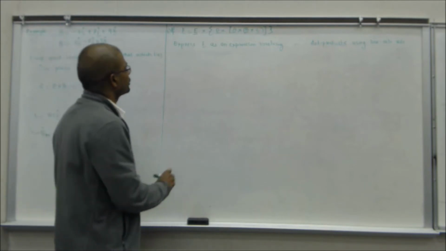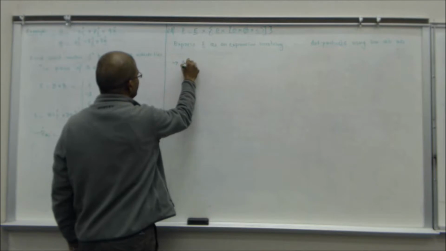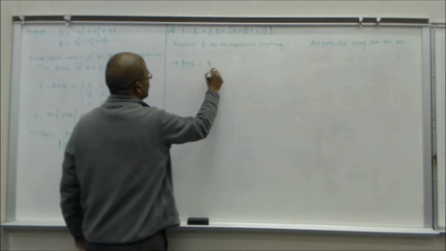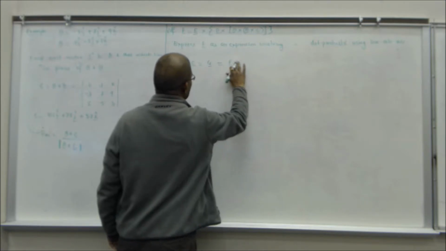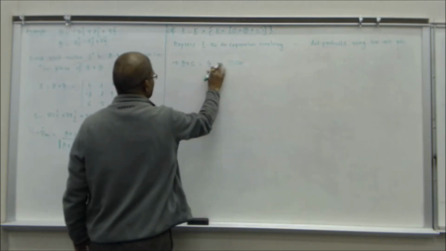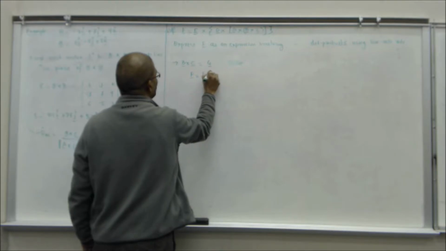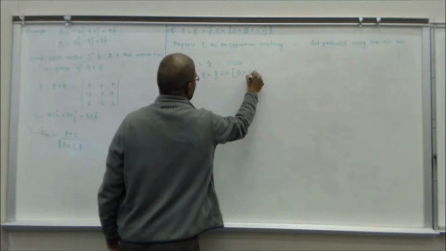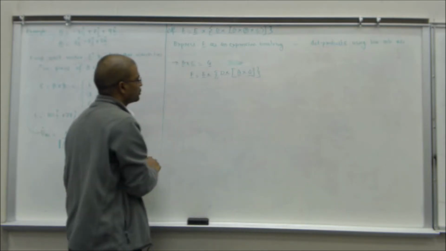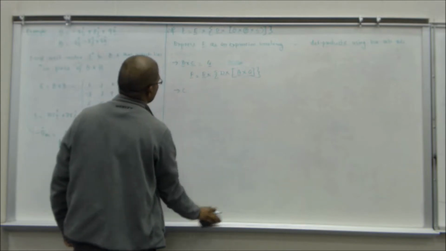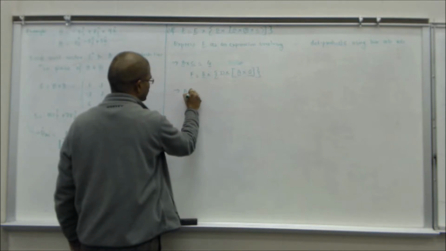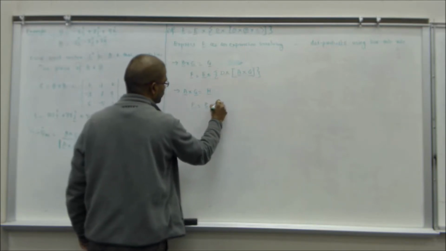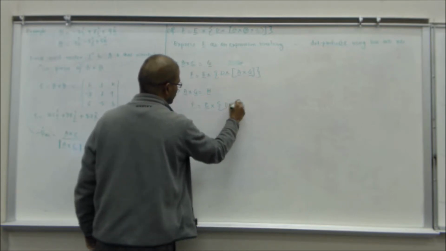This is how I would start. I would say something like this. B cross C, let it be some vector G. Then my expression becomes F is equal to, now I'll say A cross G, let this be equal to H. F is equal to something.